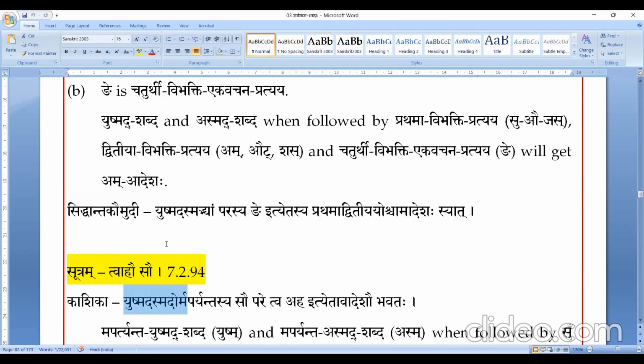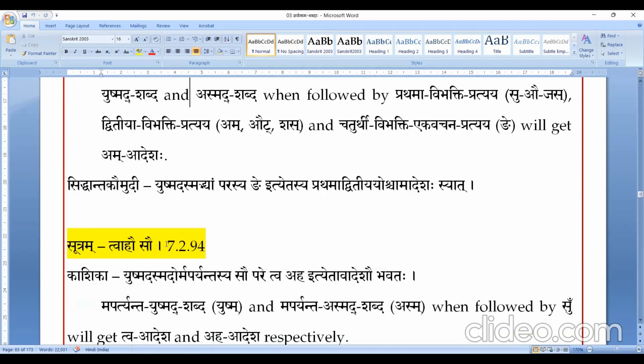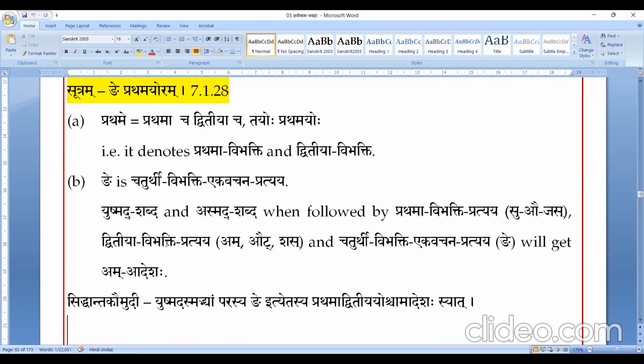So Yushma and Asma will be replaced respectively by Tva and Aha when Supratyaya follows, which is replaced by Pratama, Dvitiya as well as Chaturthi Ekavachana. These two sutras are needed for the derivation of Pratama and Dvitiya as well as Chaturthi.